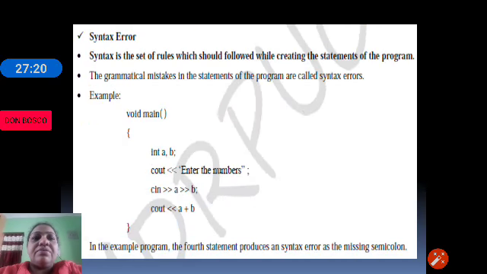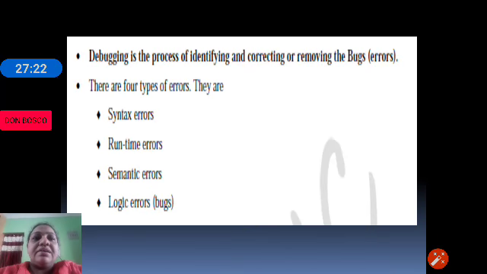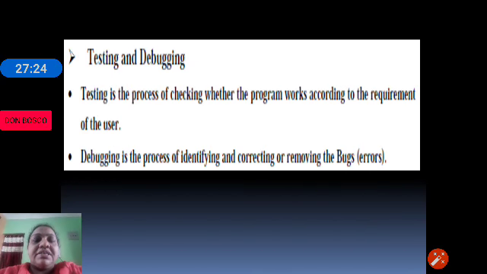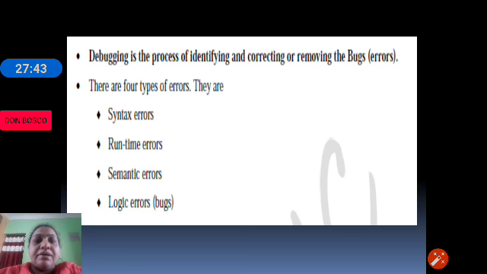So let's recall. Let's go back and study what testing and debugging are. Testing is the process of checking errors. Debugging is finding faults and errors in the program and removing them. So we have 4 types of errors: syntax errors, runtime errors, semantic errors and logic errors.